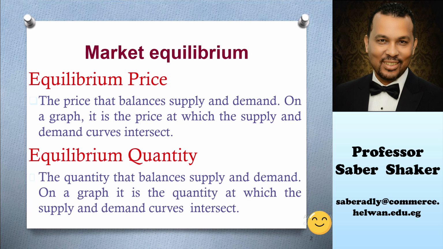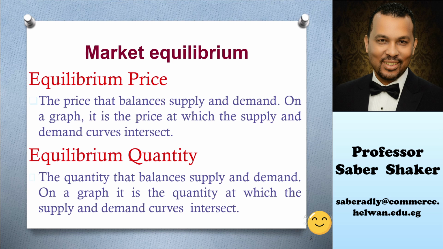To understand the concept of equilibrium, we will focus on the value of quantity demanded and the value of quantity supplied. There is only one price for market equilibrium. It's very important to remember this point: it's only one price that creates market equilibrium.